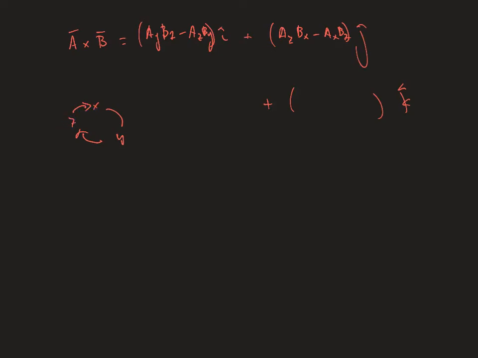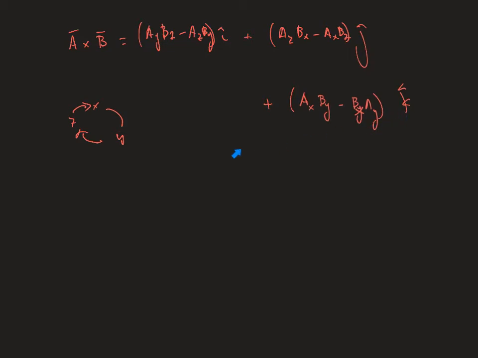And this one, the k component, will not involve any z component, so it will be AxBy minus AyBx. Okay, let me see if I go here.